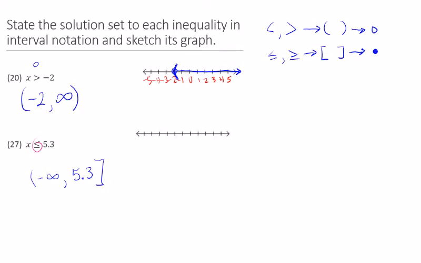When we're graphing this on a number line, let's scoot this over a little bit. So I have 0, 1, 2, 3, 4, 5, 6, 7, 8, -1, -2.